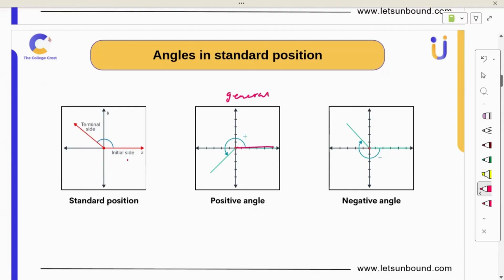Positive means from the initial side you go anti-clockwise, or counterclockwise, which gives a positive rotation, a positive angle. A negative angle means I rotate my ray the other way. The measure is the same, like 180 plus 20 means 200, but depending on the direction, the sign will differ. So this is an angle in standard position.